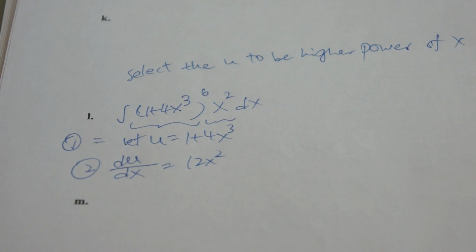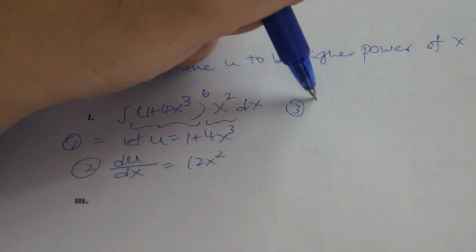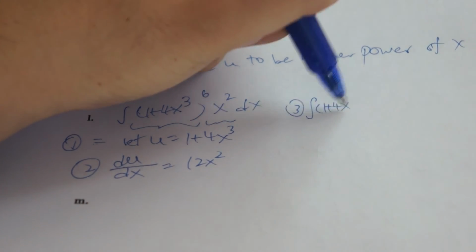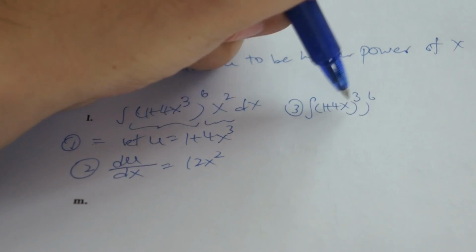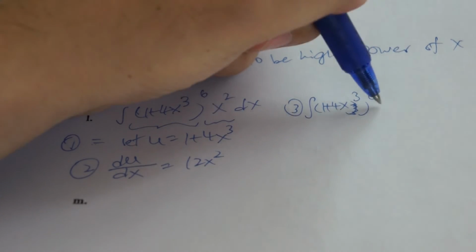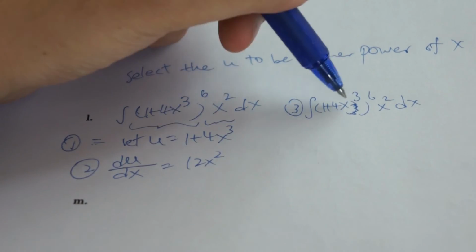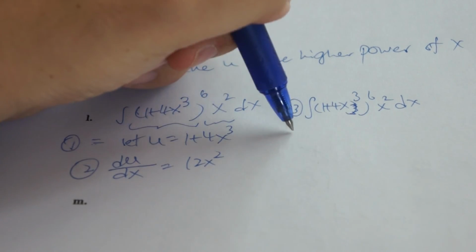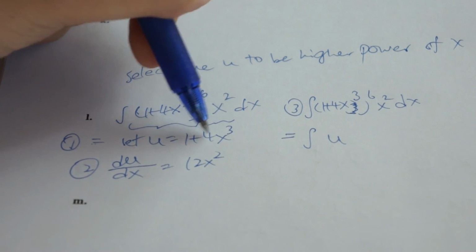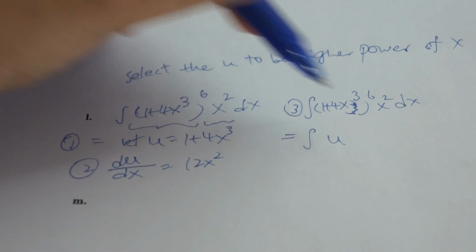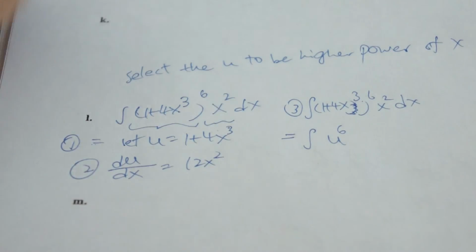Then step number 3: to integrate (1 plus 4x cubed) to the power of 6 times x squared dx, the complete part in the bracket can be replaced by u, because we let u be 1 plus 4x cubed, so u to the power of 6.